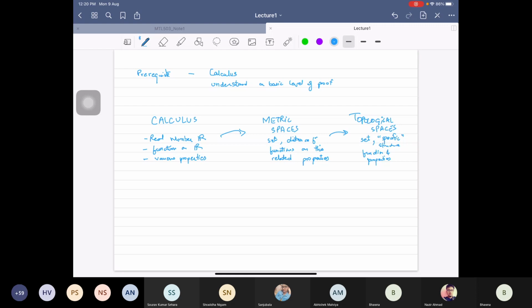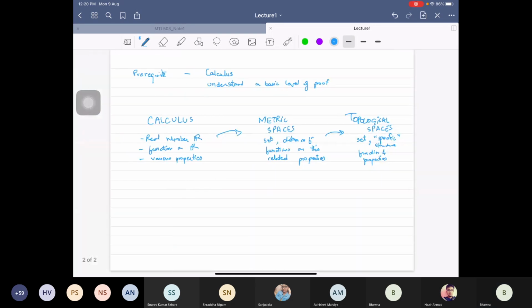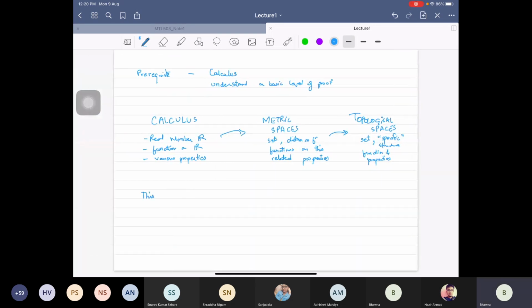Fine. So this week is particularly for preliminaries. We will just discuss some preliminaries. As you have seen in the lecture notes, if you were able to access them before, these are some specific preliminaries from set theory.